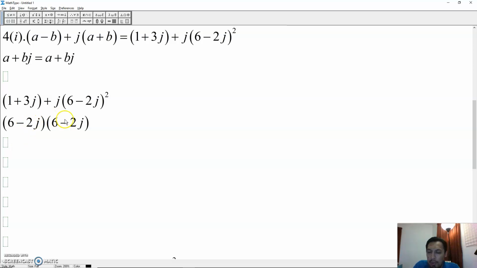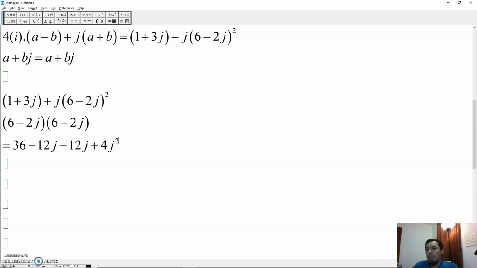This is what happens when you expand the square. If you calculate that, we get 36, and then 6 times minus 2j gives minus 12j, minus another 12j, and negative 2j times negative 2j gives positive 4j squared.